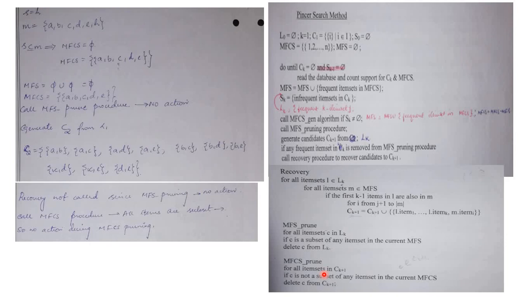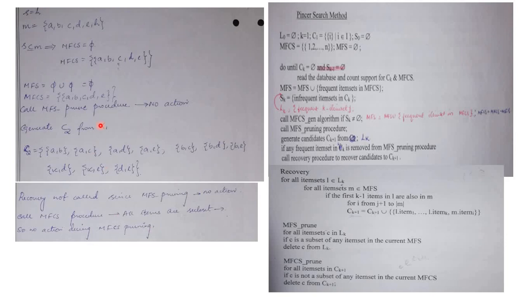Some of the items may not get joined with other items to get more items. So every item that is present in the candidate set C must also be present in MFCS. If C is not a subset of any item in the current MFCS, then you have to delete it from CK.